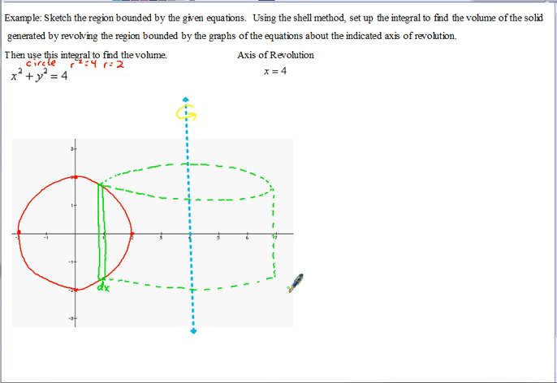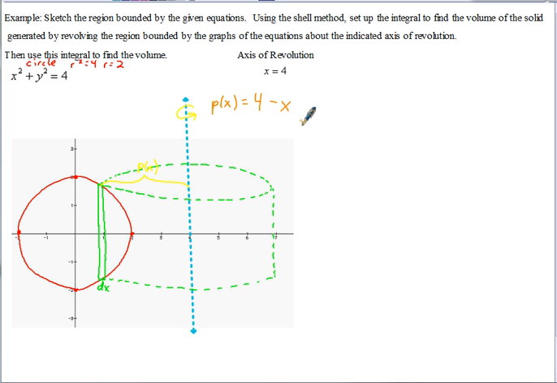Let's go ahead and try to get our radius and our height. In this case, the radius might be a little easier in some ways. The radius, you can see, goes from the axis of revolution to our rectangle, d of x. So the radius would be the one furthest to the right, which is 4 minus where the rectangle is, x.